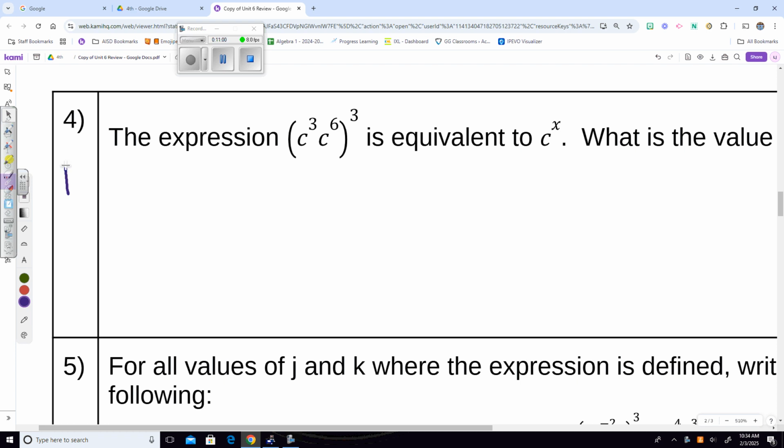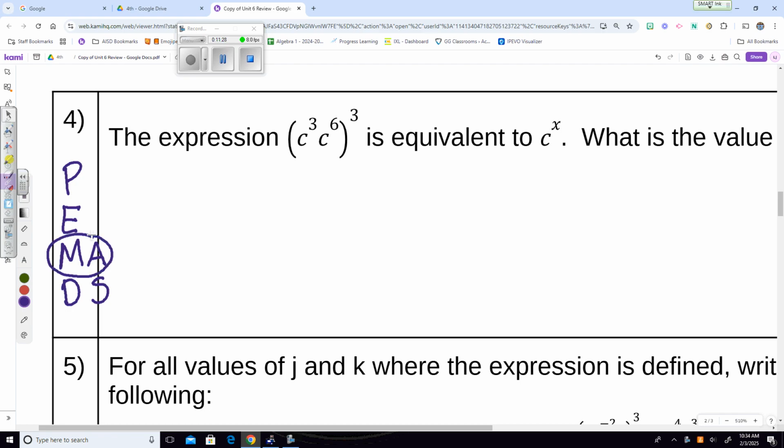So if we think of PEMDAS, we have multiplication and exponents. What comes first? What comes before exponents? Parentheses. Isn't the multiplication inside of the parentheses? So shouldn't that come first? Yeah.